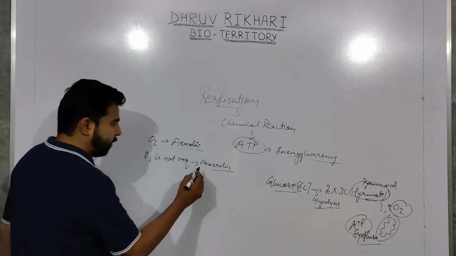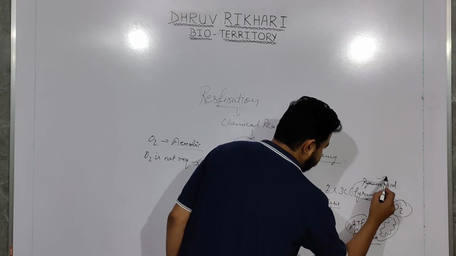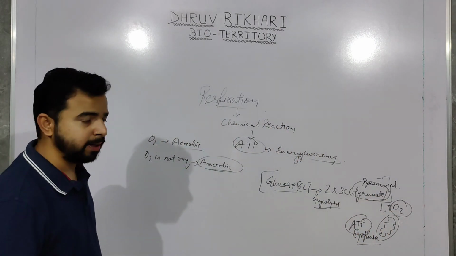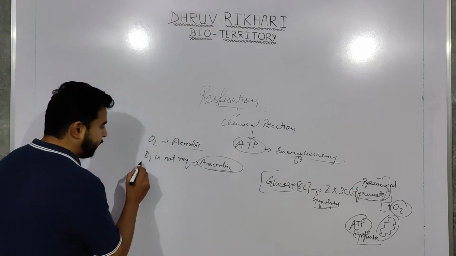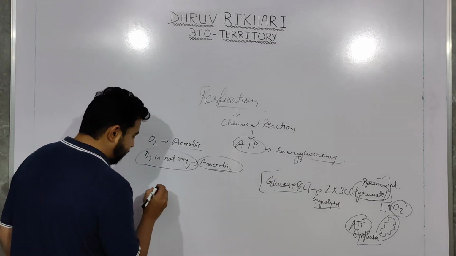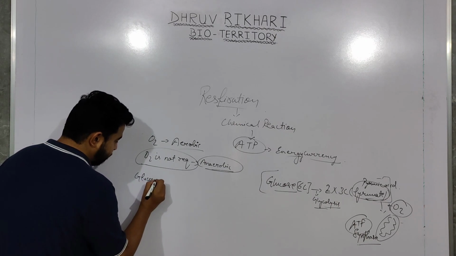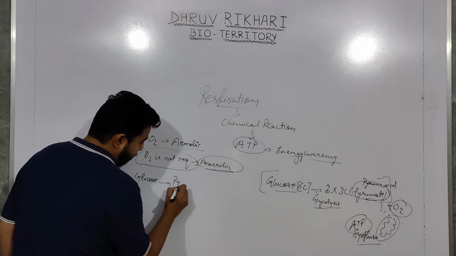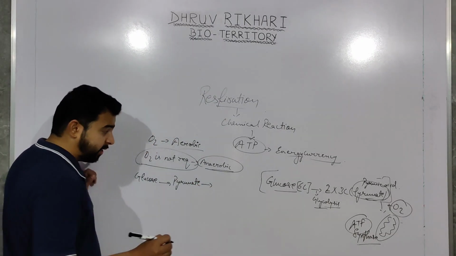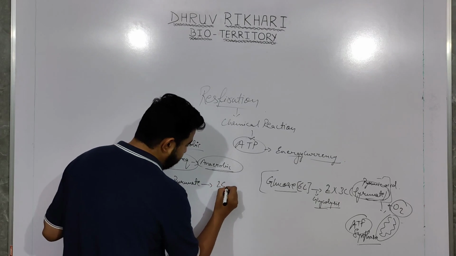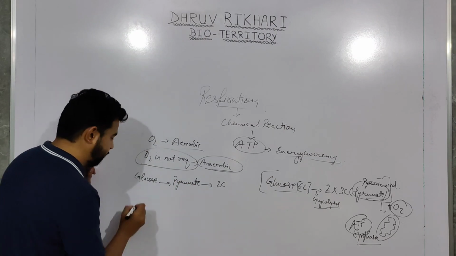Now what will happen in anaerobic reaction? In anaerobic reaction, the glucose to pyruvate formation takes place in a similar way, but they occur in the absence of oxygen. From glucose they form pyruvate, and from pyruvate, if it is yeast, it will form a 2-carbon molecule and ATP energy in the absence of oxygen.